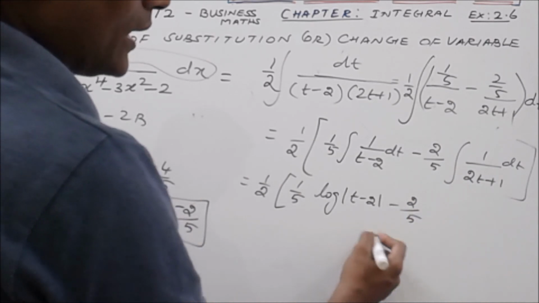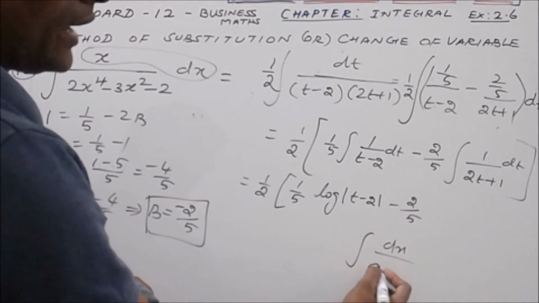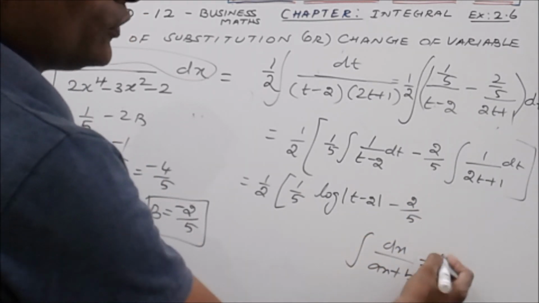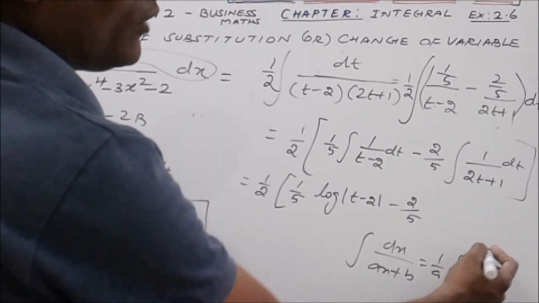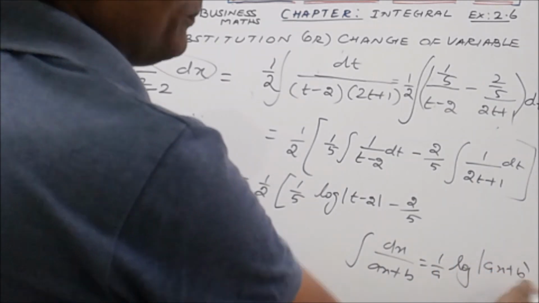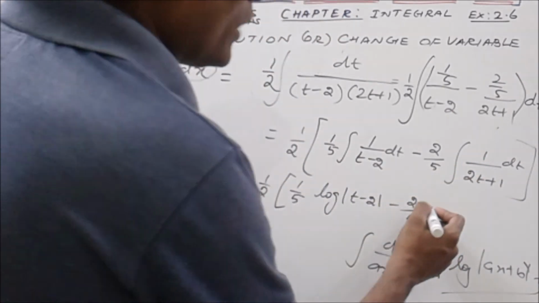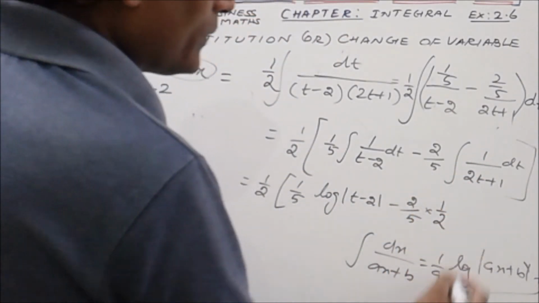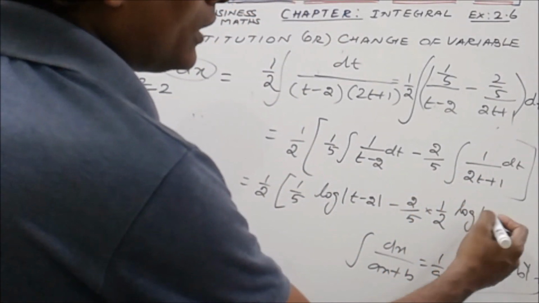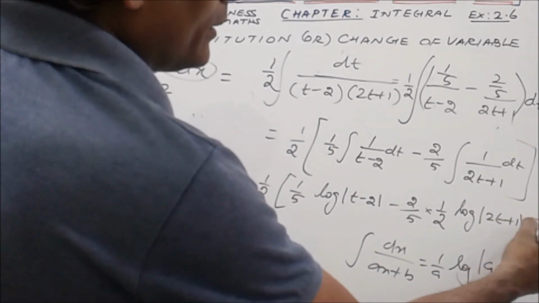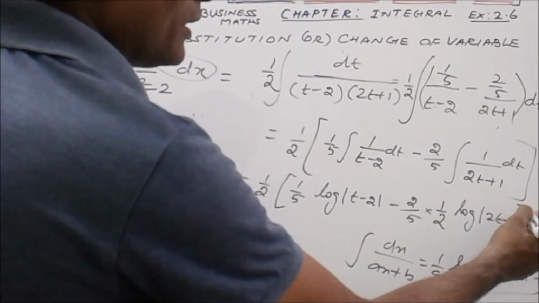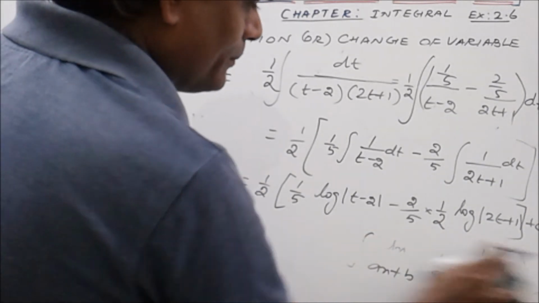Here also the integral of dx by ax plus b formula is equal to 1 by a log of modulus of ax plus b plus c. So now substitute here, 1 by a means 1 by 2, then log of modulus of 2t plus 1 plus the constant of integration c for both the terms. Now we can simplify this.